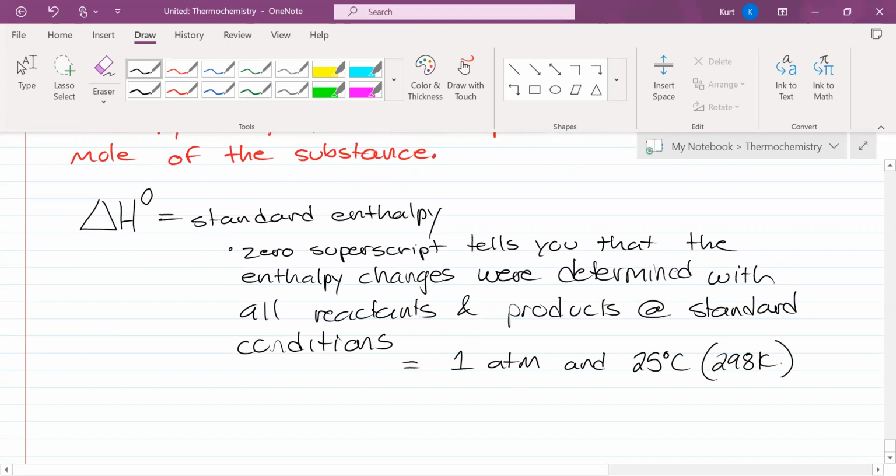Do not get this confused with STP. Standard temperature and pressure is 1 atmosphere at 0 degrees Celsius. This is not STP. So I'm going to make that very clear. Not STP. Standard temperature is 0 degrees Celsius. This is 25 degrees Celsius. Big difference.